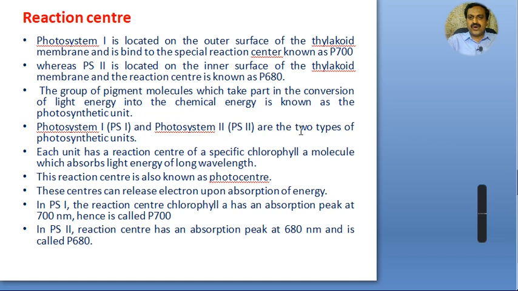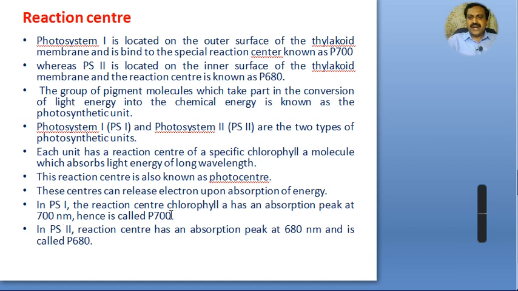PS1 and PS2 are the two types of photosynthetic units. Each unit has a reaction center of a specific chlorophyll a molecule which absorbs light energy of long wavelengths. This reaction center is also known as photocenter. These centers can release electrons upon absorption of energy.